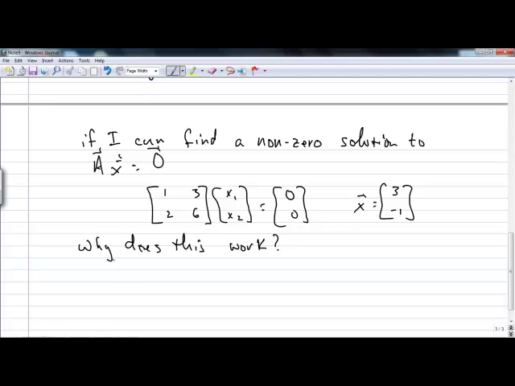Well, suppose A did have an inverse. Then we could write A inverse A x equals A inverse times the 0 vector.